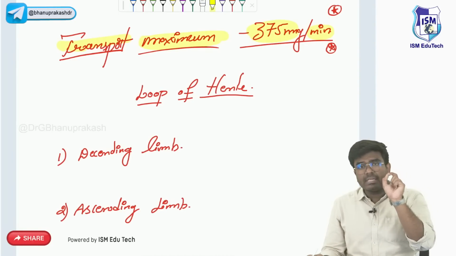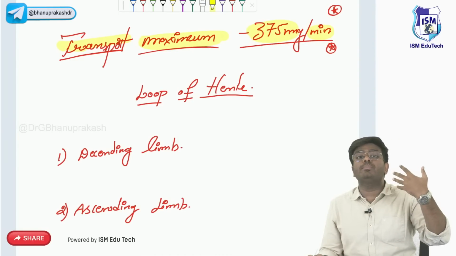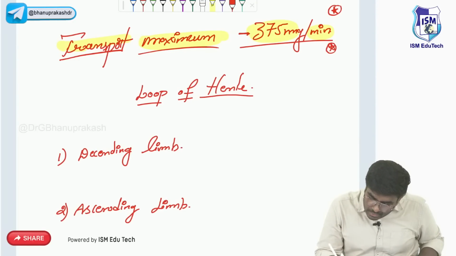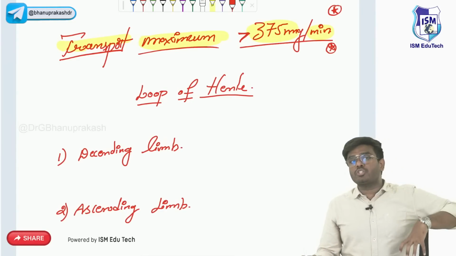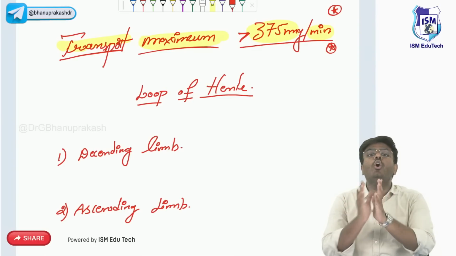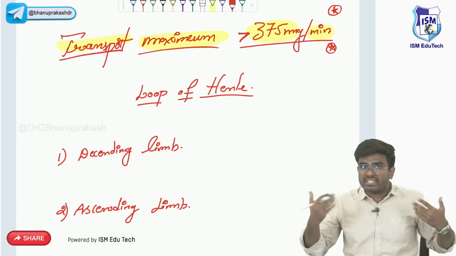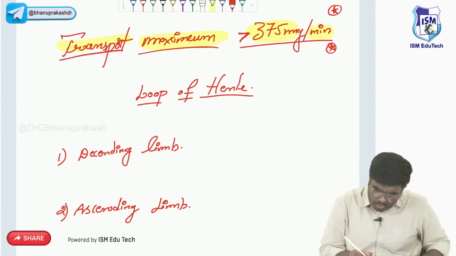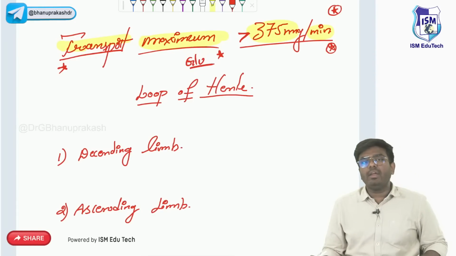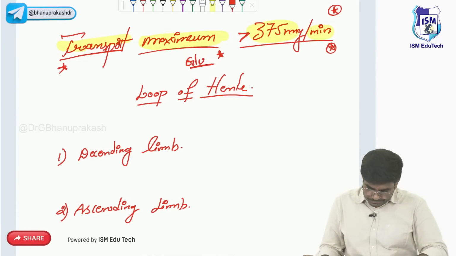Not even a single molecule of glucose will be further reabsorbed beyond this value of 375. Just know this point. Transport maximum for glucose is 375 milligrams per minute.